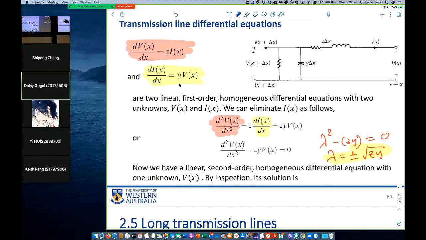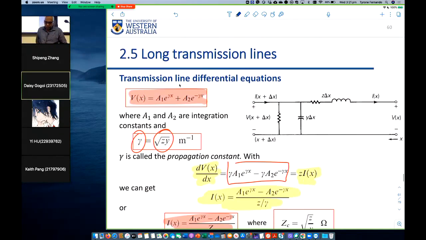Zy are some constants, so the square root of that. Z is the series impedance per meter, and Y is the admittance per meter, right? So if I use the same notation as before, this gamma is actually lambda.